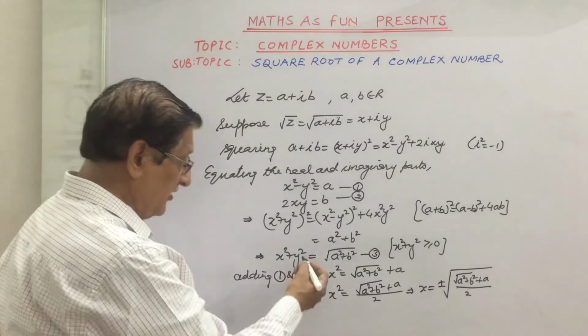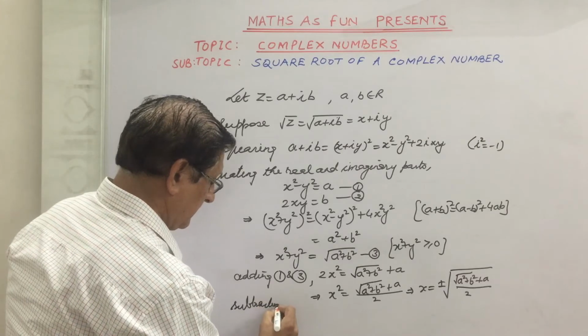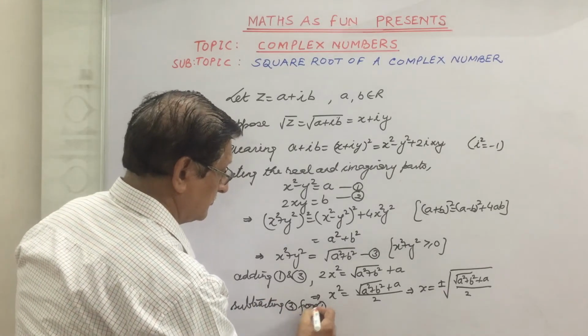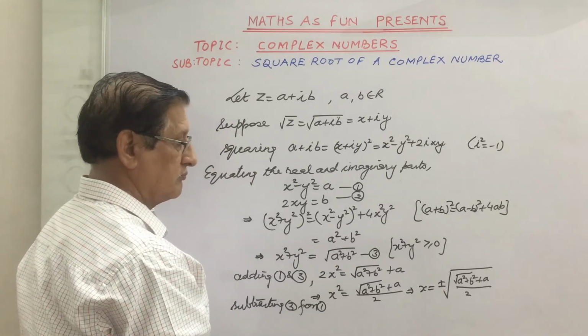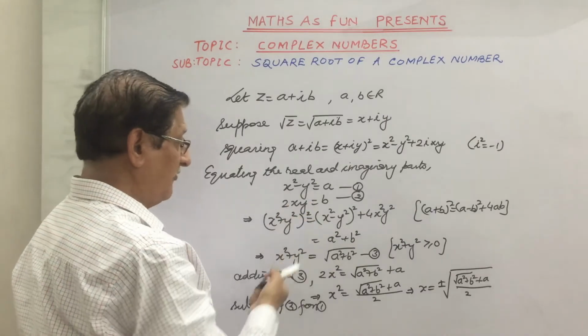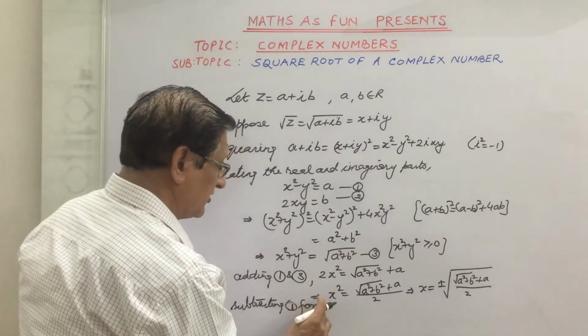Similarly, if we subtract 3 from 1, we will have minus 2. So better is we subtract 1 from 3.